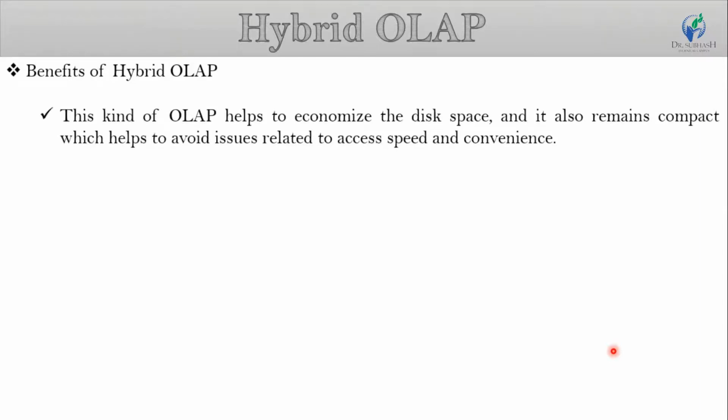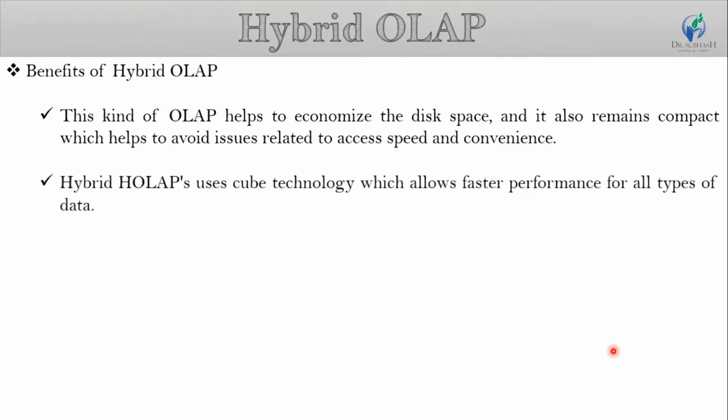So now I explain the benefits of hybrid OLAP. The first one is this kind of OLAP helps to economize disk space, and it also remains compact, which helps to avoid issues related to access speed and convenience. The next one is hybrid OLAPs use cube technology, which allows faster performance for all types of data.